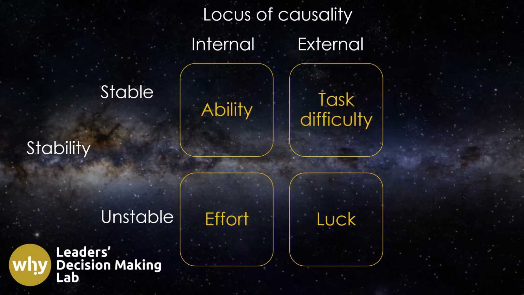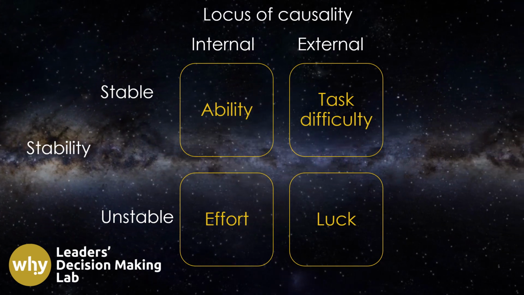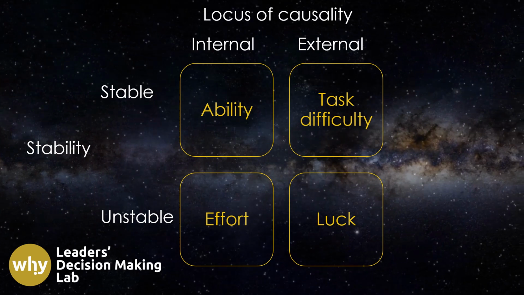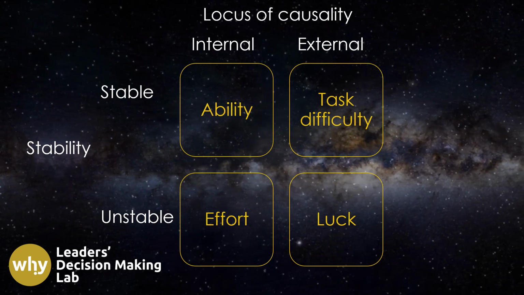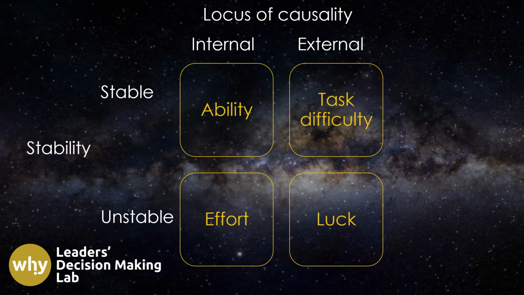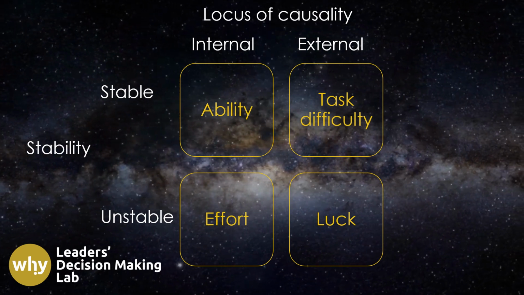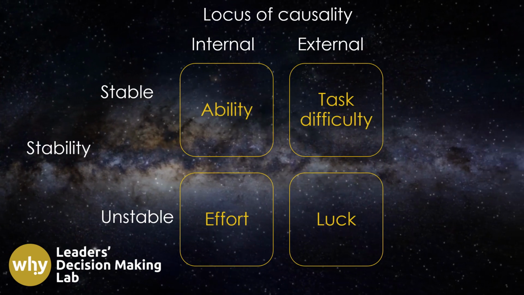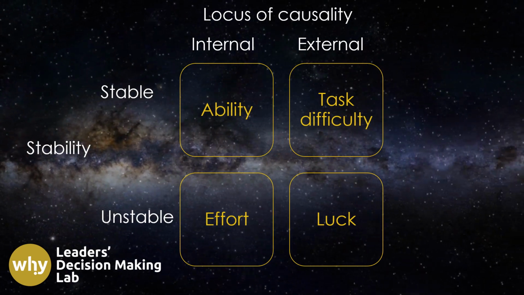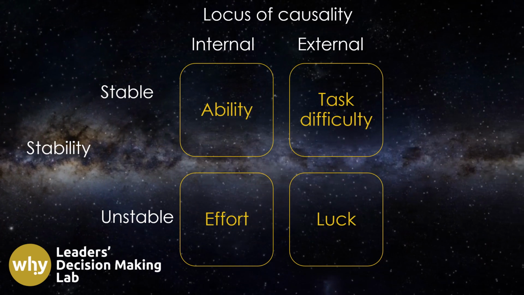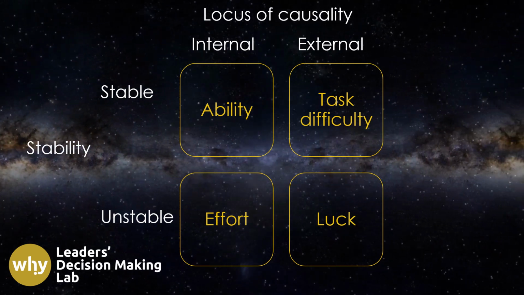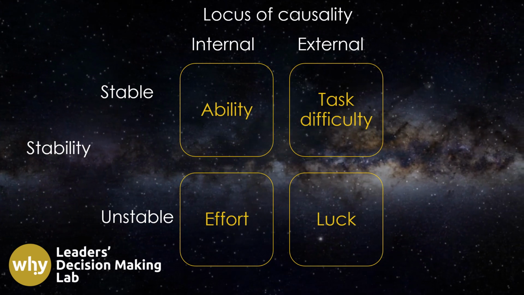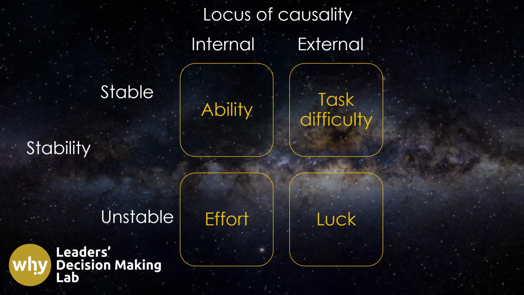When faced with poor performance, leaders are more likely to direct their corrective actions toward the employees if they make an internal attribution, attributing the cause to employees' internal characteristics. On the other hand, if leaders make an external attribution, attributing the cause to situational factors beyond the employee's control, they are more likely to target their actions towards addressing those situational factors.